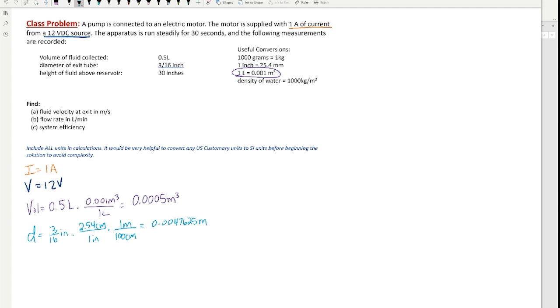Notice these numbers start to become a little ugly and not easy to work with, so you need to make sure you take the time to write down everything very carefully and clearly.